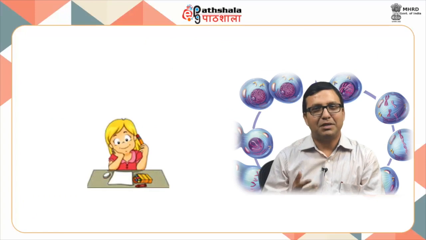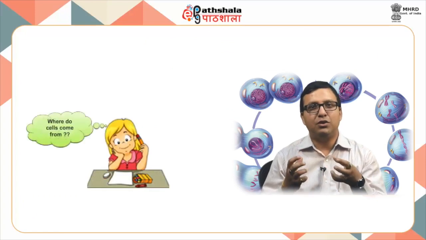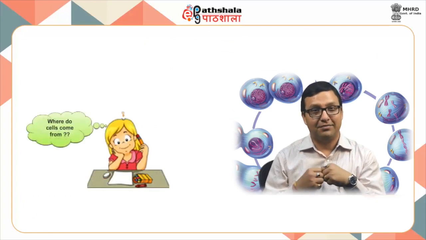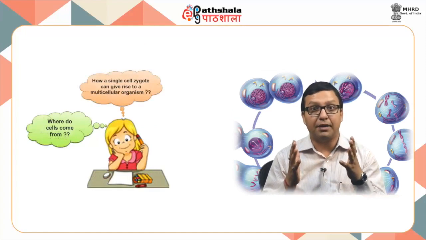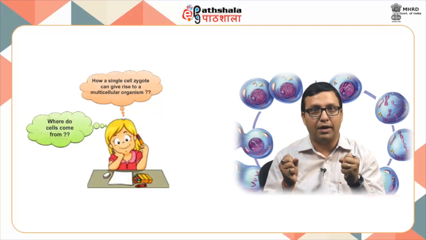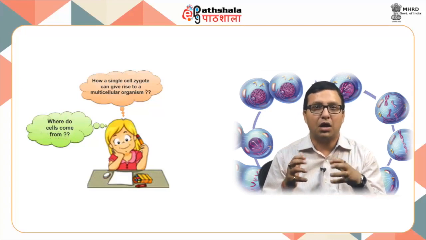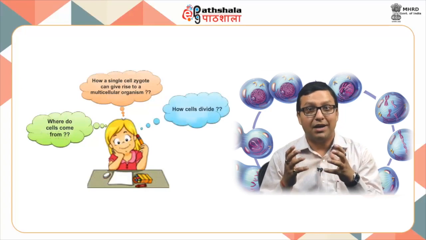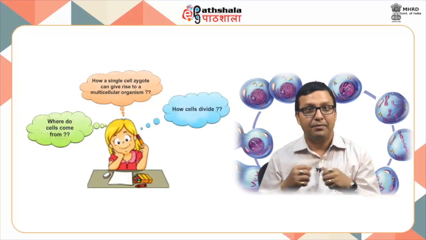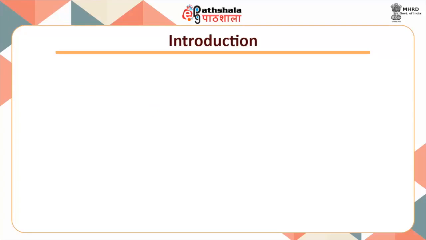You all must be wondering, where do cells come from? How can a single cell, the zygote formed by a fusion of sperm and ova, give rise to a complete multicellular organism? How does a cell divide? So, before going into much detail of cell cycle, you should be clear about what the cell cycle is.